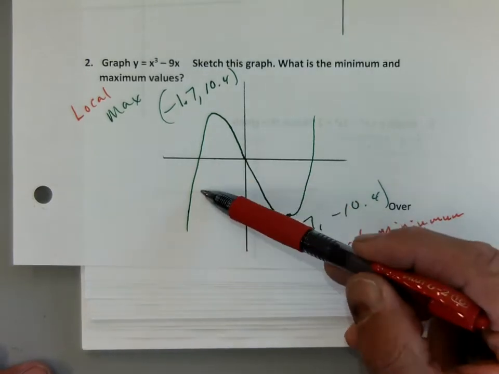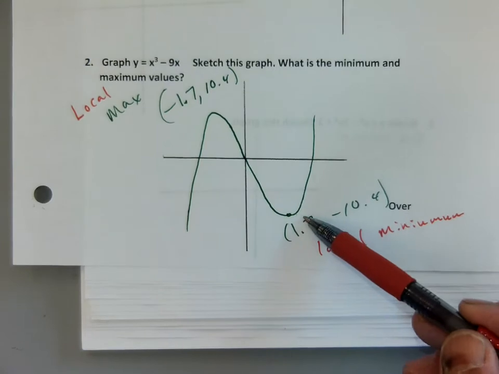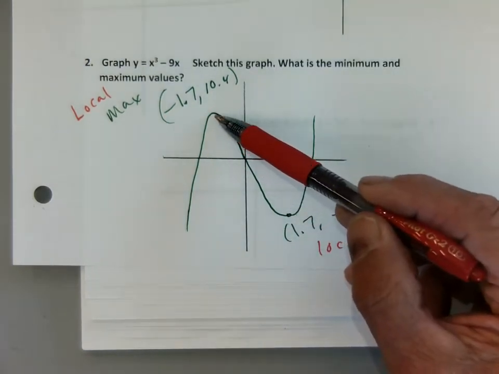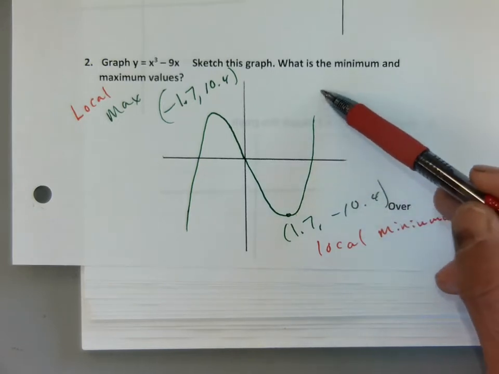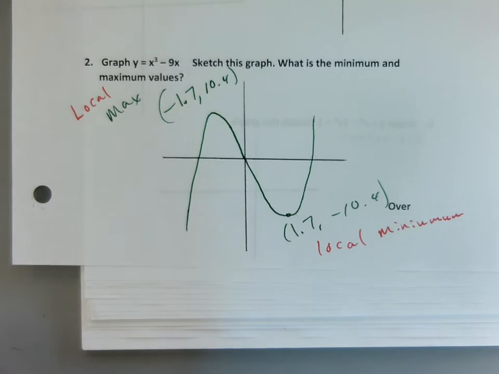You watching? There are points lower, aren't there? So we call it a local minimum because it's the bottom of a hill. This point right here, it's not the highest point on this graph because this graph keeps going up and up and up. But it's the top of a hill, okay? So the top of a hill, local max, bottom of a hill, local min.